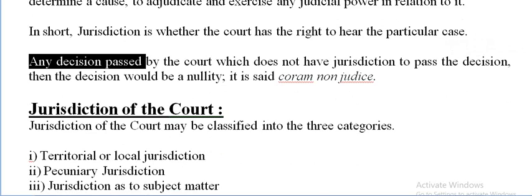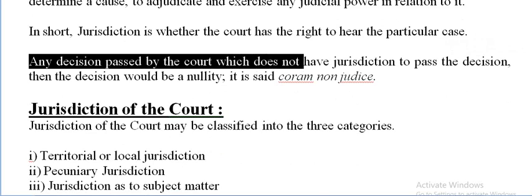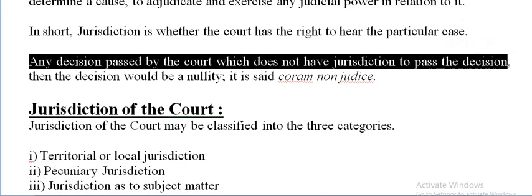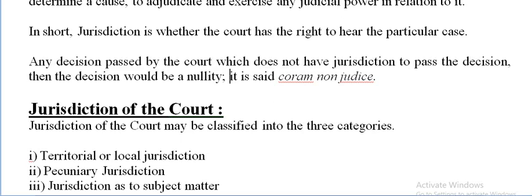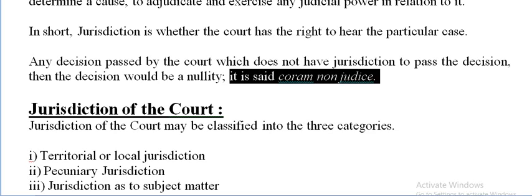Any decision passed by a court which doesn't have jurisdiction would be a nullity. So it is very important. If any court has no jurisdiction but passes any decision, then it will be a nullity. In legal terms it is said coram non juris.